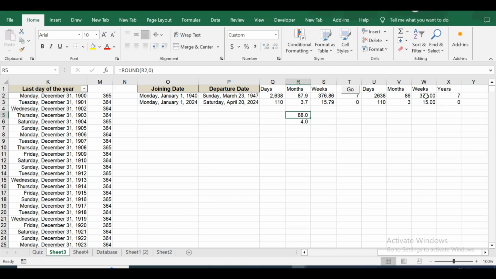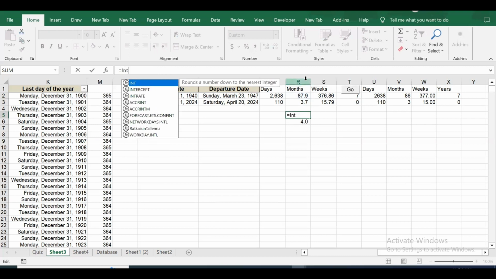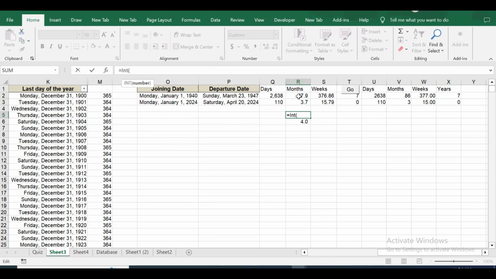But this is not rounding as we understood in the ROUND function. It is actually ignoring the incomplete month, the month which has not been completed, so it takes it as 0. You can say it takes the integer, but it's still not the integer. Let's apply the INT formula here.